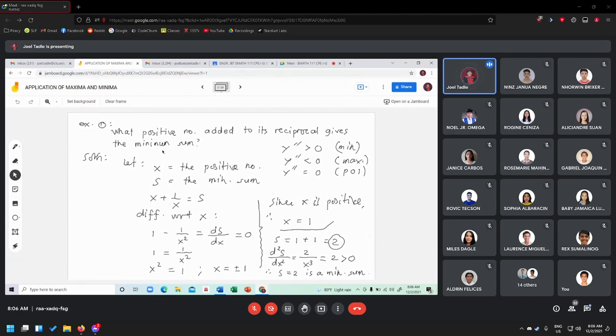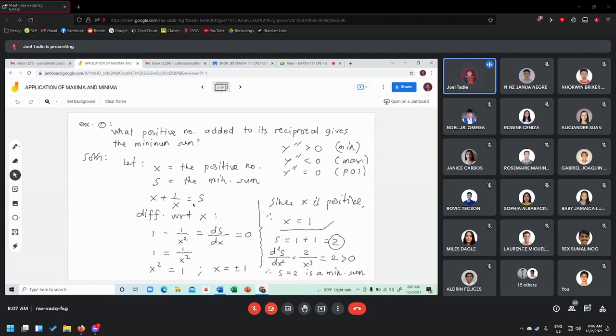So first, we have to let a variable x for the positive number, then variable s for the minimum sum. Then formulate equation from the problem. What positive number added to its reciprocal gives the minimum sum? Therefore, we are going to add the positive number x to its reciprocal, which is 1 over x.